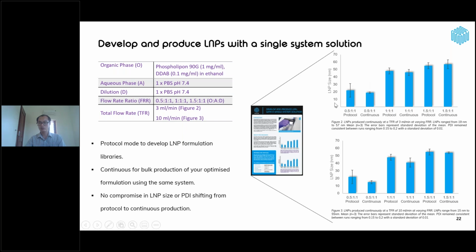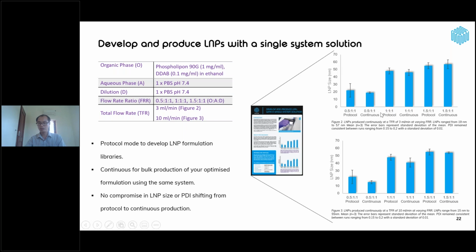The results are very consistent, with no compromise in lipid nanoparticle size and PDI shifting from protocol to continuous production.